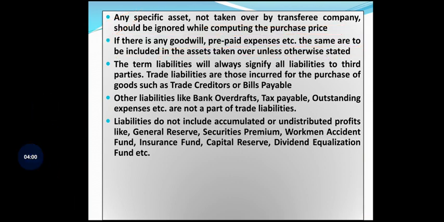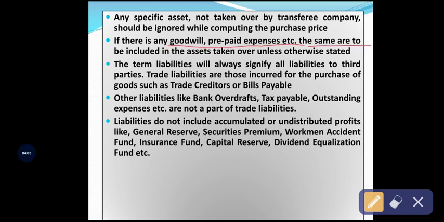Regarding goodwill and prepaid expenses, if they are recorded in the balance sheet, and the company specifies that all the assets and liabilities are taken over by the transferee company, we have to assume goodwill and prepaid expenses are also taken over, unless otherwise stated.